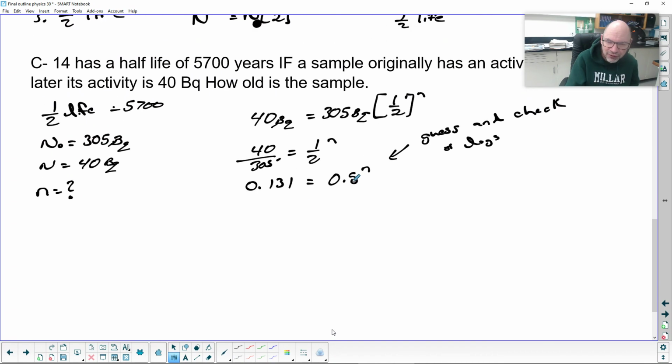Let's try n equals 3. 0.5 to the power of 3 is equal to 0.125. That's a little bit smaller than this, so it's not going to quite be 3, but if you went with 3, it'd probably be close enough. Or sorry, this is a little bit bigger. So let's try 3.1.